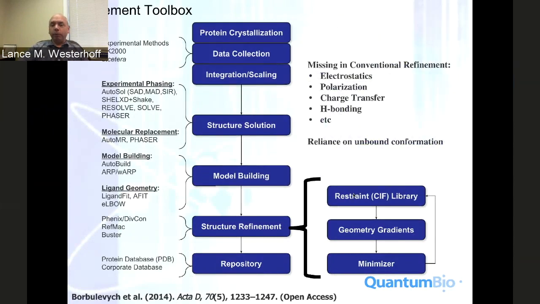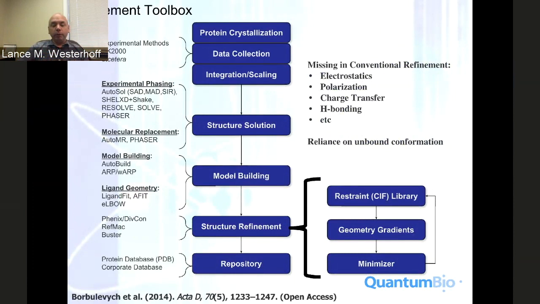But the issue that we've run into, and this again is well known, is that this library approach and the underlying functional that's putting all these things together is really missing any sort of understanding of electrostatics, polarization, charge transfer, hydrogen bonding. Basically everything that has to do with a protein binding with a ligand is out the window. It's not really included within the methodology.